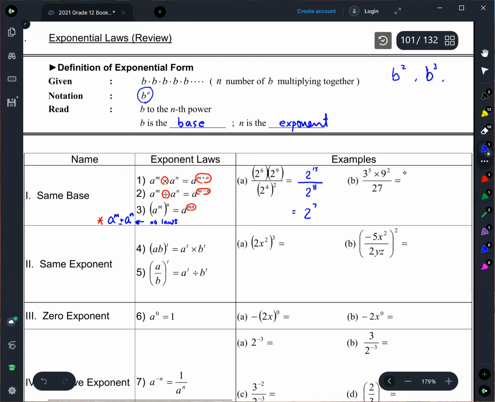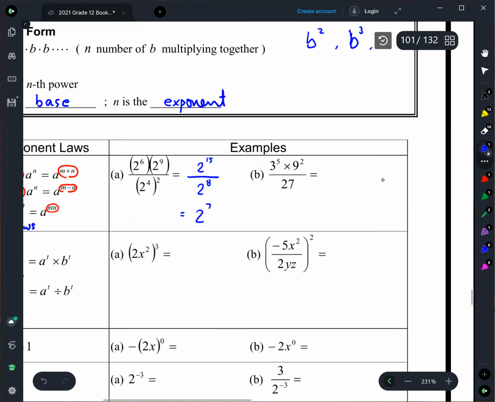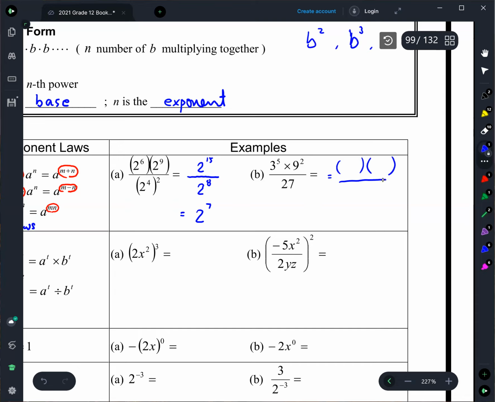Yeah, we need to change it. Okay, what will be the common base they can all change to? It'd be 3, right? Very good. Okay, so we need to change each one of them into base of 3. So 3 to the something, 3 to the something, 3 to the something.